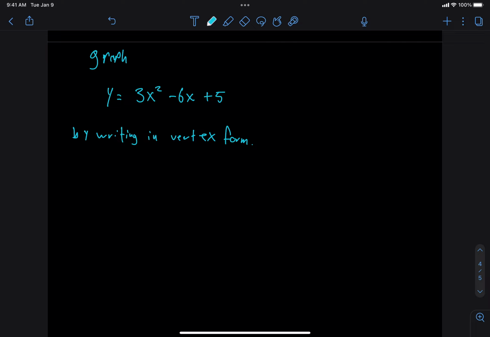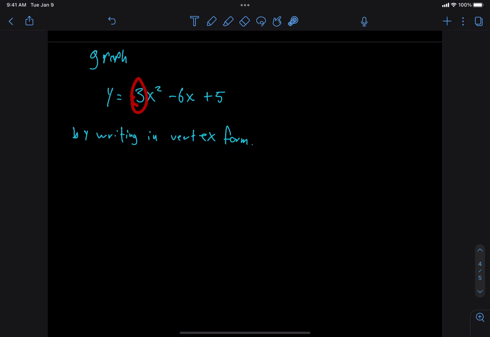Okay, so we have a quadratic function, right? A quadratic function is going to be a parabola. Which direction is it going to open? Up, right? Why up? Because what's positive? A is positive.